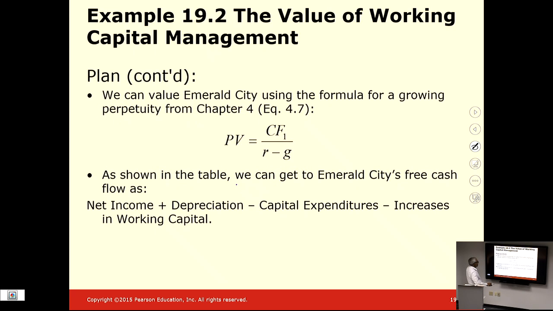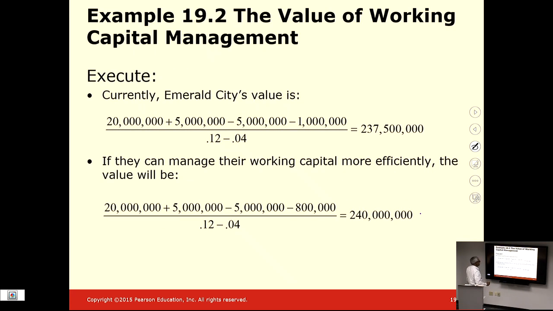So we can then value the impact of all of this change by using the present value of a growing annuity, which is next year's cash flow divided by R minus G. And cash flow is determined by net income plus depreciation minus capital expenditure minus increases in net working capital.